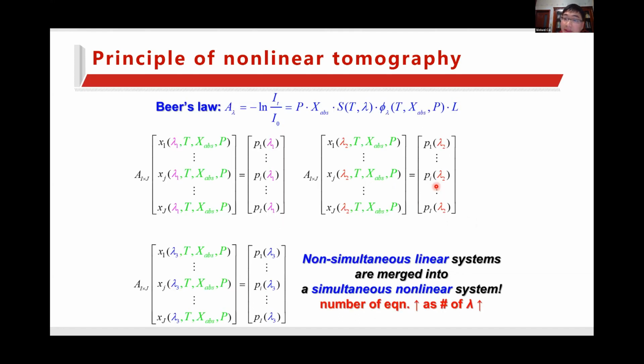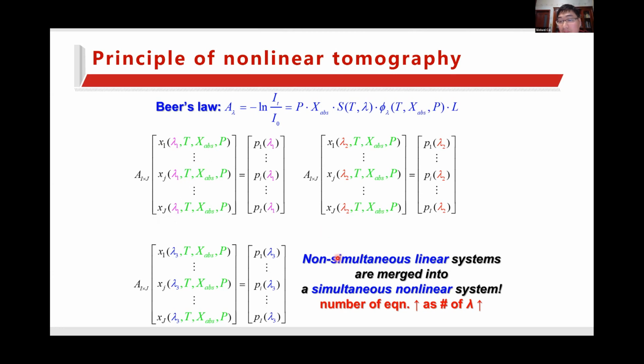The solution is that instead of solving for the absorption coefficient, we directly solve for temperature, pressure, and the concentration of absorbing species, because these are common variables of the absorption signals.